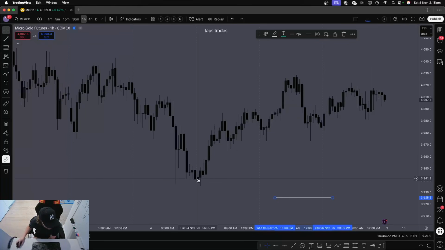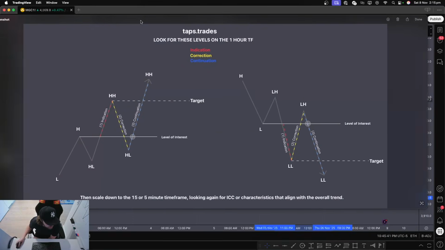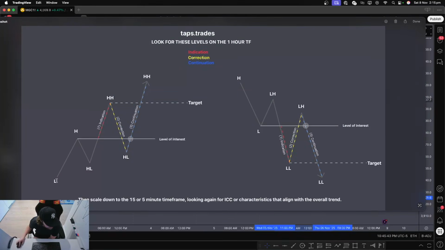At the start of the day, we've got a low, a high, a small higher low, creating then another higher low and a higher high. So let's look at the uptrend. We've got a low, a high, a higher low, and a higher high. We're looking for that indication, and we've got one.